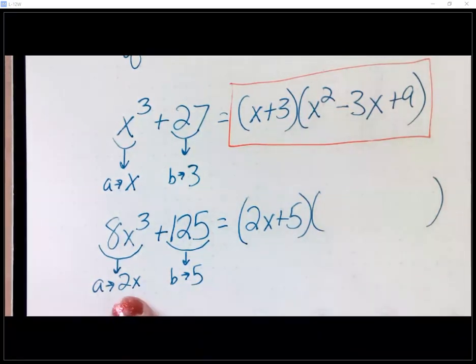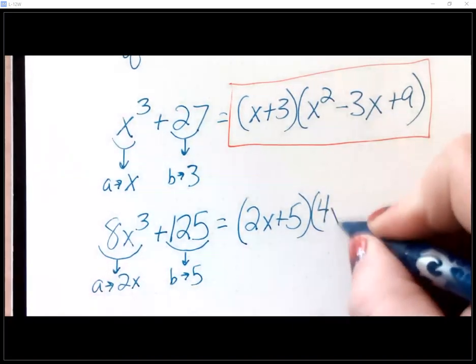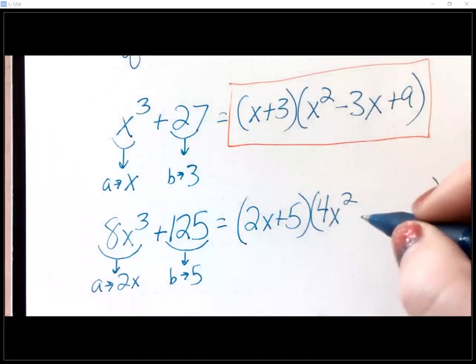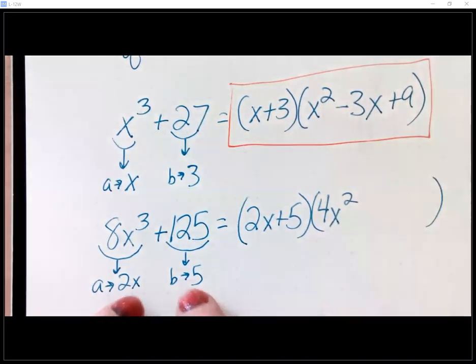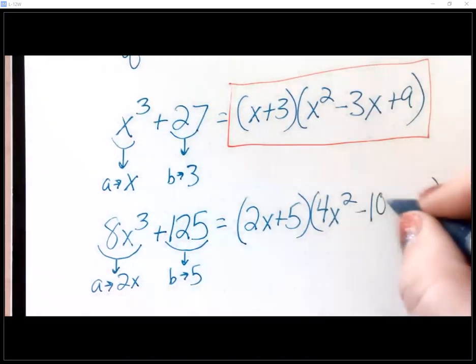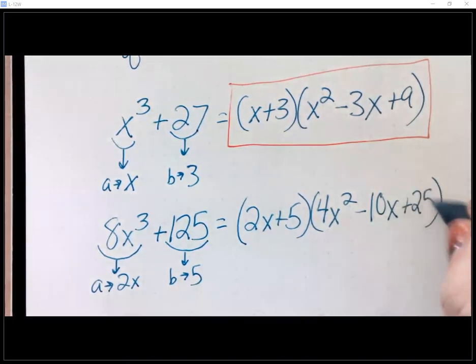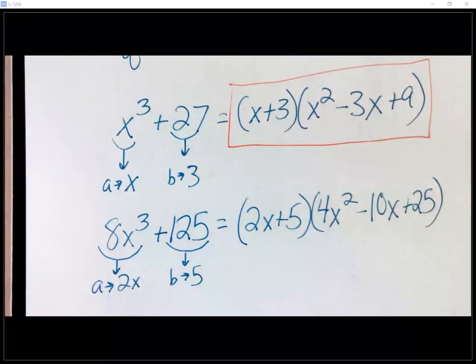So what do you get when you do 2x times 2x? 4x squared. Yeah. So this first chunk should be a 4x squared. And then I multiply these 2 together. So that's just 10x. But it's going to always go in as a minus. So it's minus 10x. And then I'm just gonna add the b squared on the end, so that's a plus 25. And there is that thing factored.